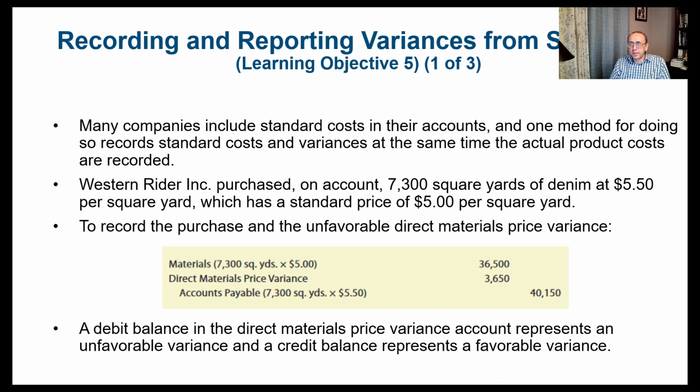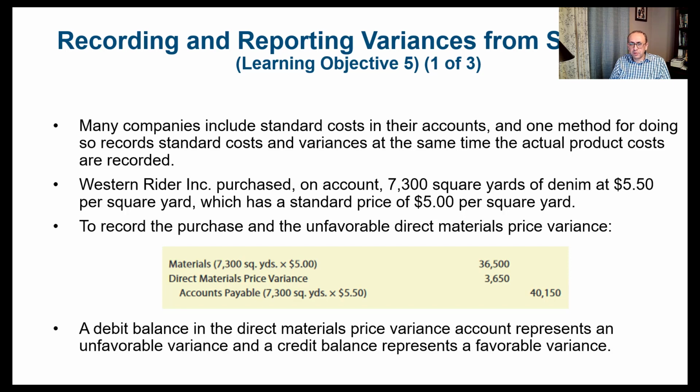Now let's see the recording and reporting of variances from standards. Many companies include standard cost in their accounts, and one method for doing so is to record standard cost and variances at the same time the actual product costs are recorded.